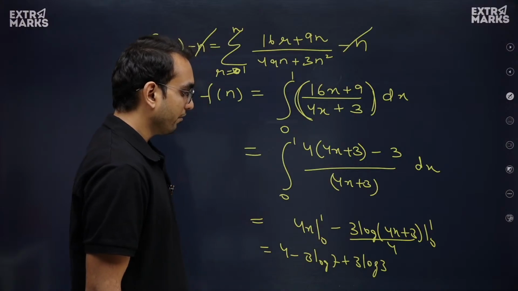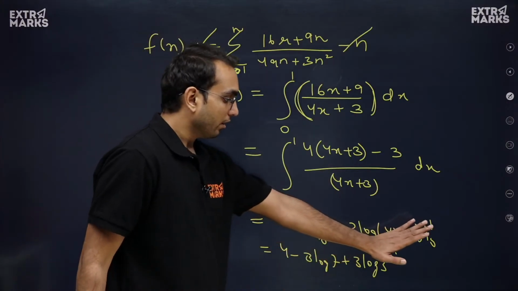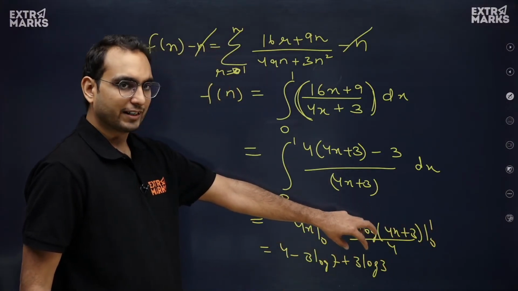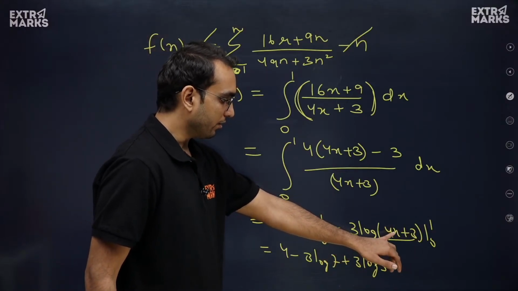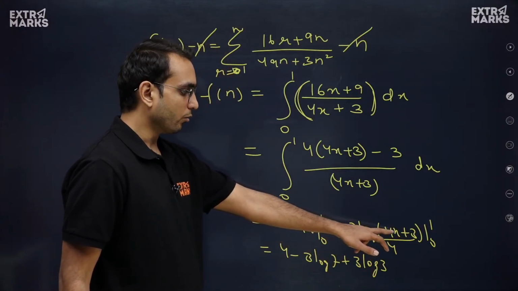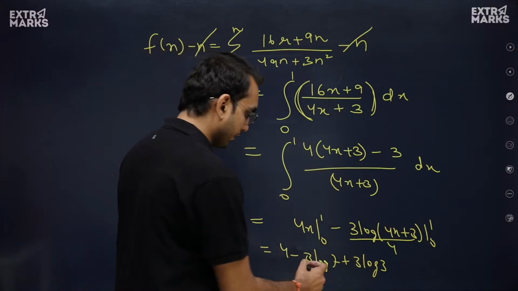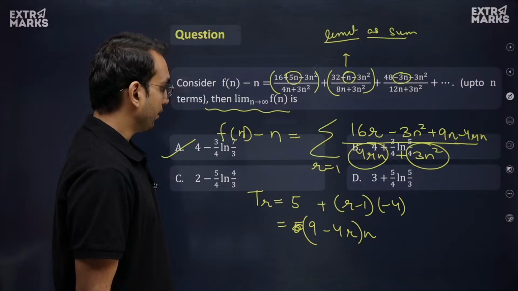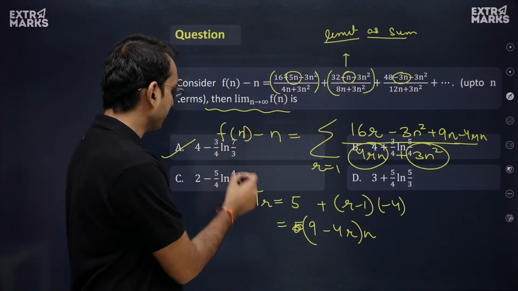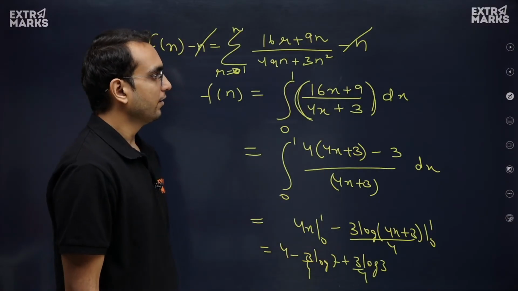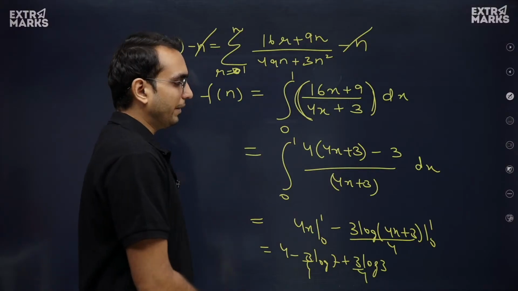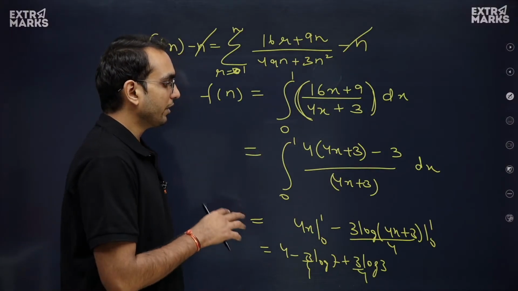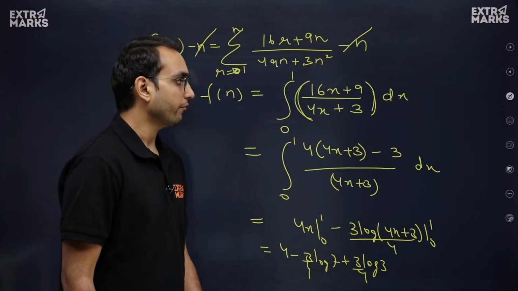By seeing the options I realized that we have not divided the expression by 4, because there will be a division by 4 since the coefficient of x is 4. So this is actually 3 by 4, right? So the answer is actually A, 4 minus 3 by 4 log 7 by 3, right? So if you have done the practice of limit as a sum, then you can easily solve this question. It is not so difficult, right?